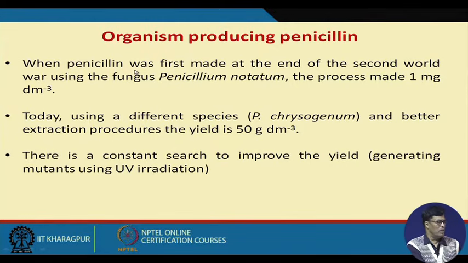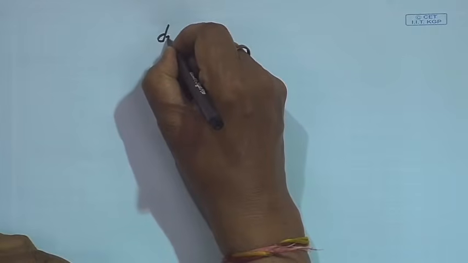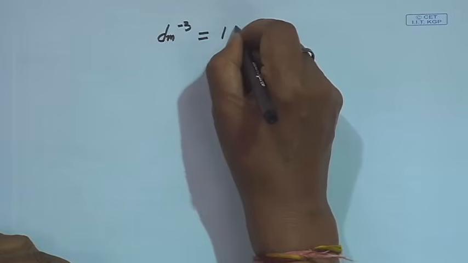Now, when penicillin was first made at the end of the Second World War using Penicillium notatum, the process made 1 milligram per decimeter cubed. 1 decimeter cubed is equivalent to 1 liter.